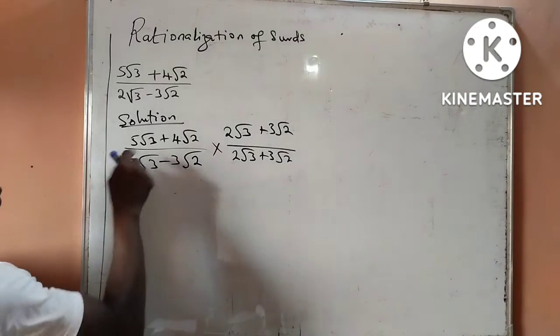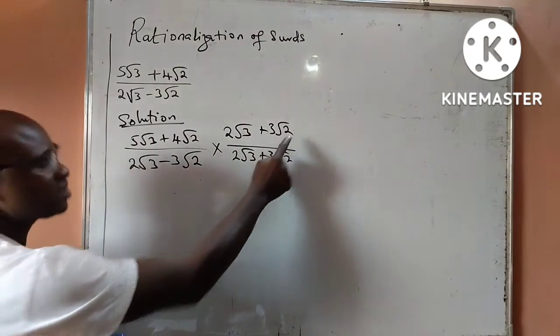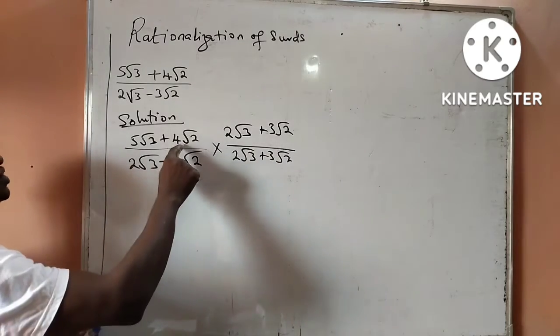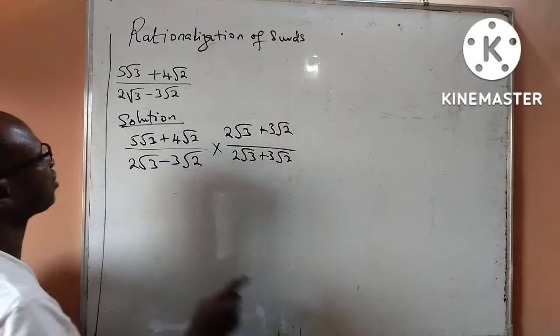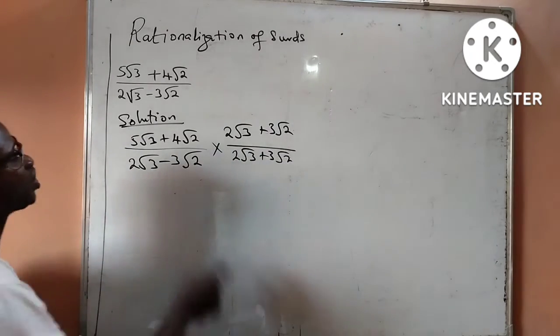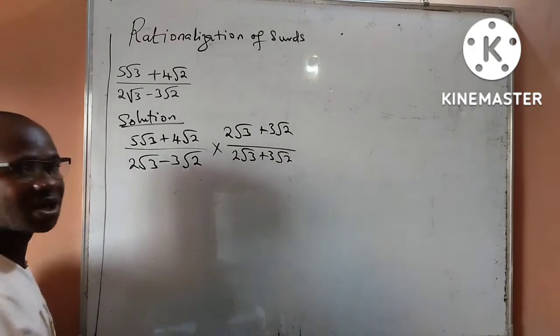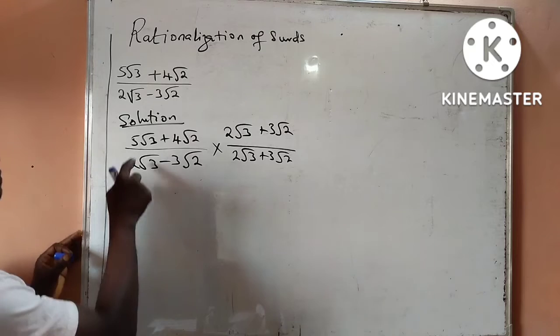How? I will use this to multiply this and this. I will also use this to multiply this and this. Same thing at the denominator. I will use this to multiply this and this, and also use this to multiply this and this, and then get my final answer. We begin.